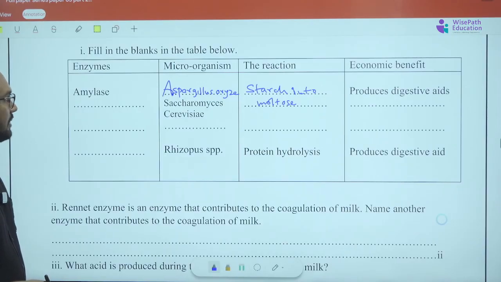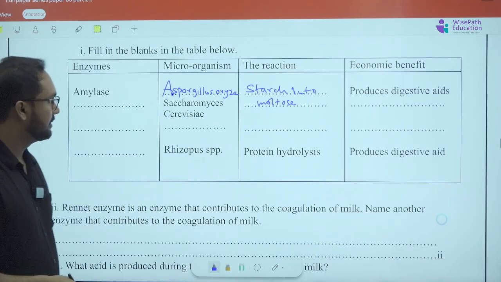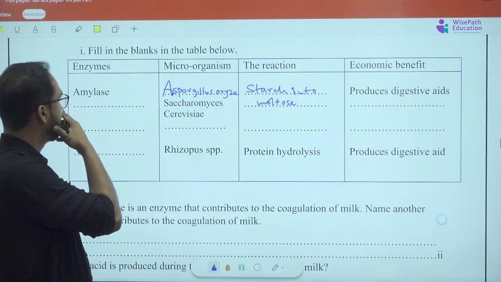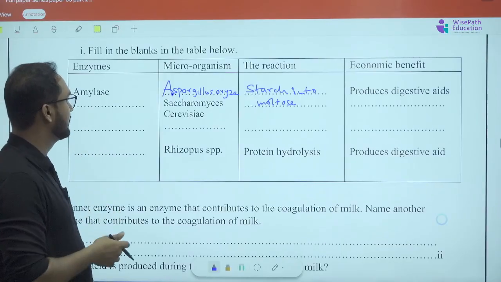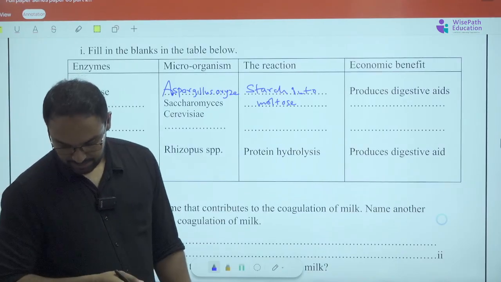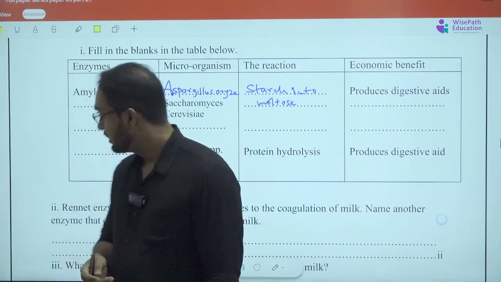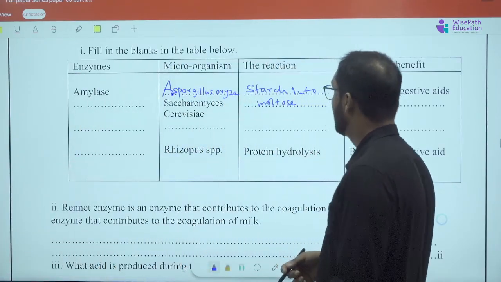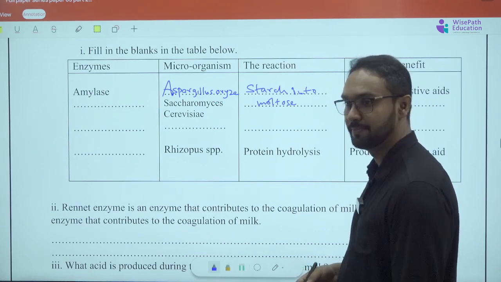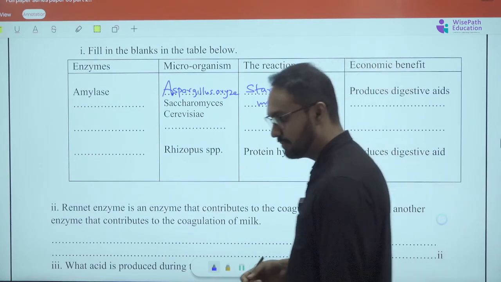The economic benefit is that it produces digestive aids, that is fine. And the Saccharomyces cerevisiae, right? Saccharomyces cerevisiae is the microorganism, and what is the enzyme that it produces? What does it produce?